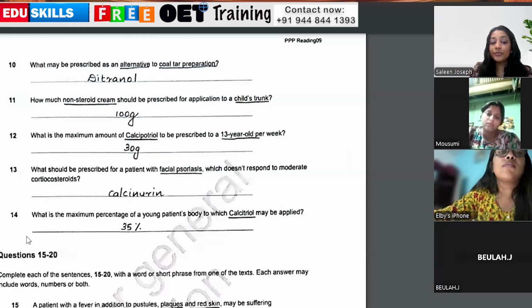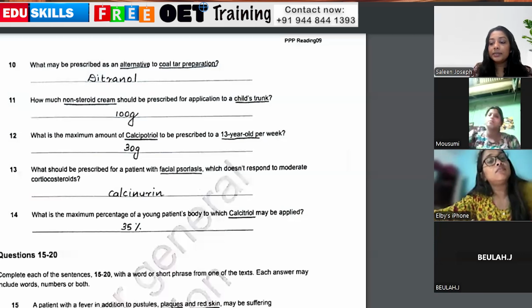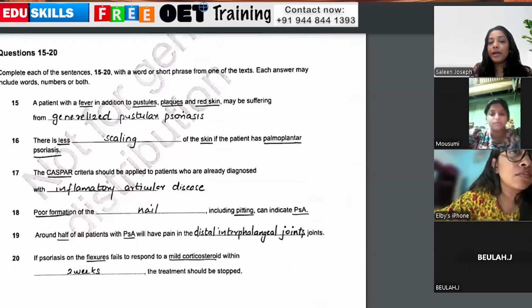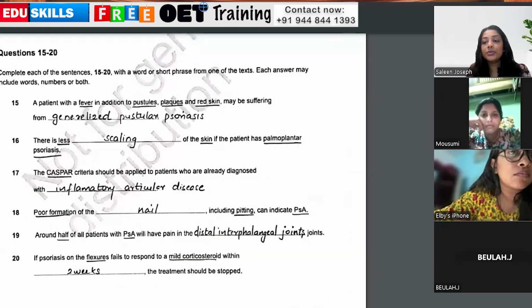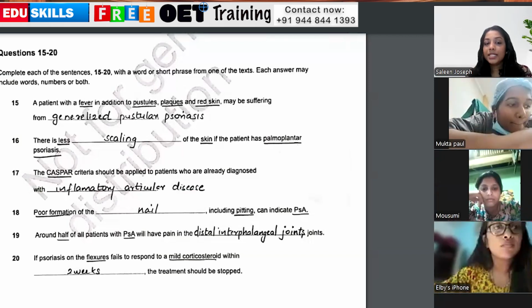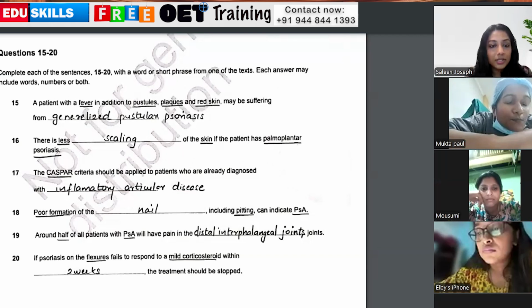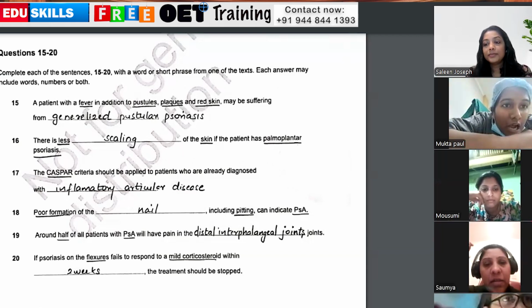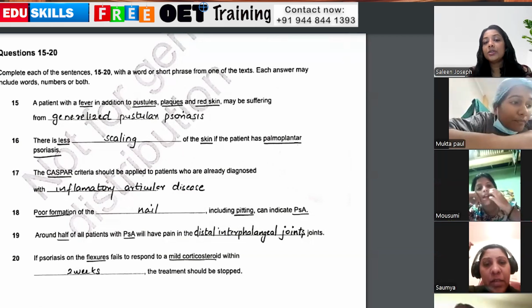Now moving to 15 to 20. Find out the mistakes here. If you have background distractions, please mute your microphone. Others can continue. Now, the 15th question: spelling mistake. The word is generalized, and the spelling is wrong.